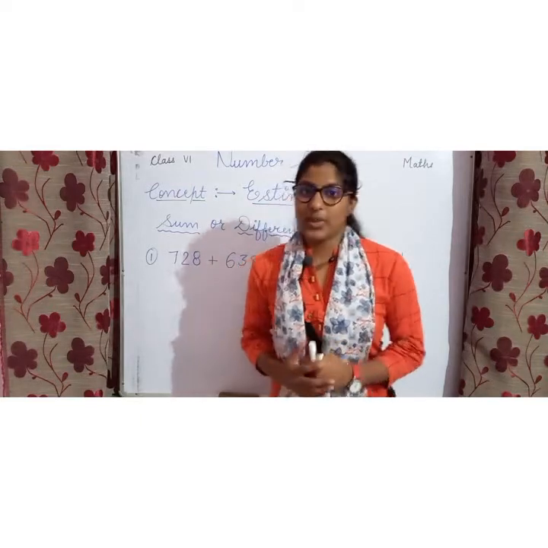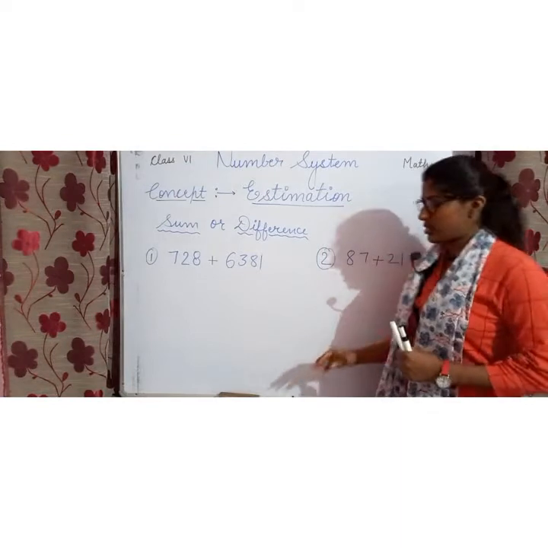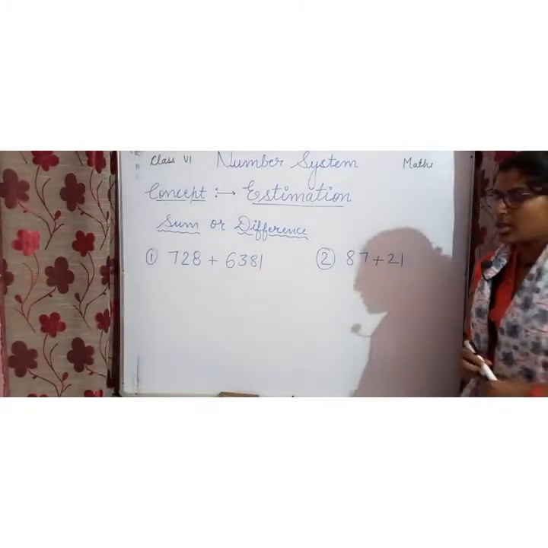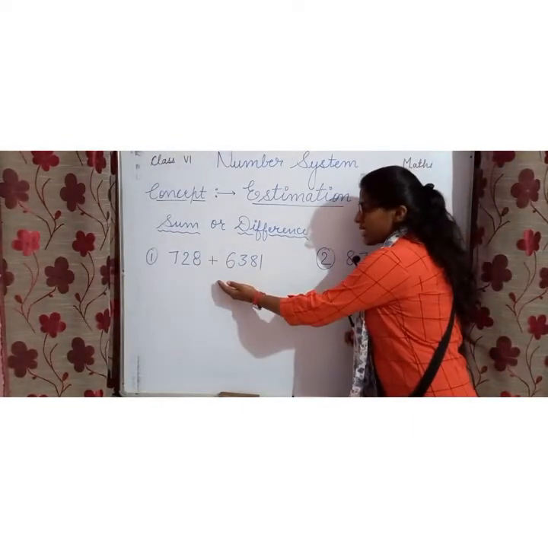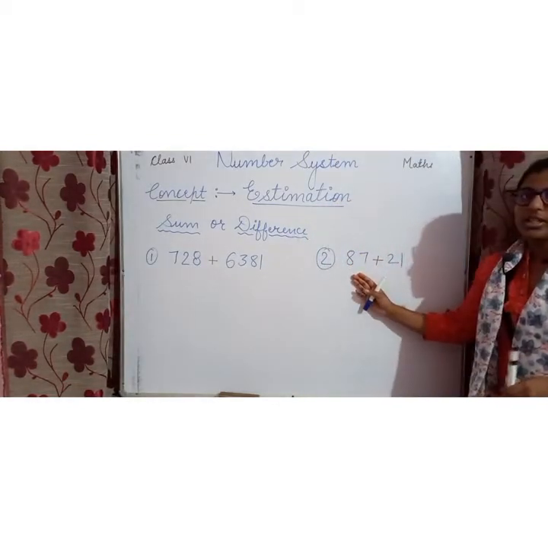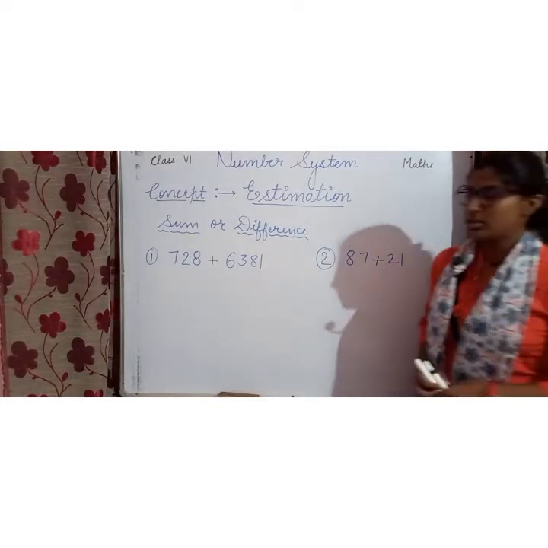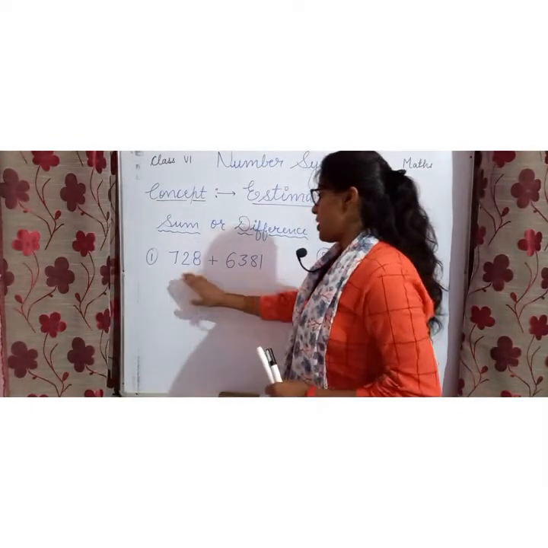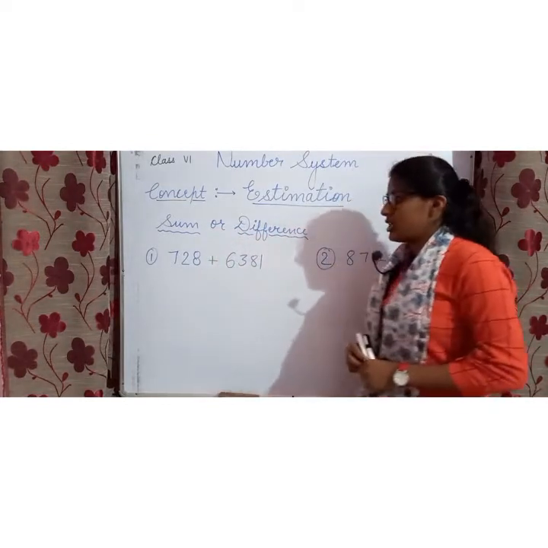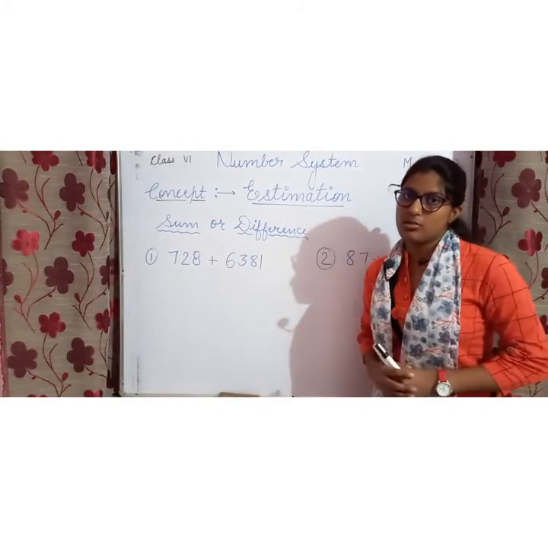Now I will explain with some examples. Here we want to find the estimation of the sum of these two numbers, 728 and 6381. Rule number 1 says identify the smaller number.